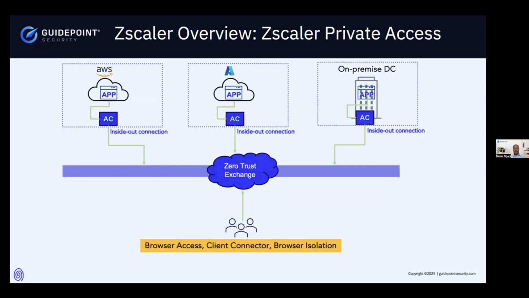And how they do this is by making sure the users are able to connect to the on-prem hosted servers or applications, virtual private clouds, or virtual networks. They also enable secure and authenticated inside-out connection between the customer's internal servers and the ZPA cloud.